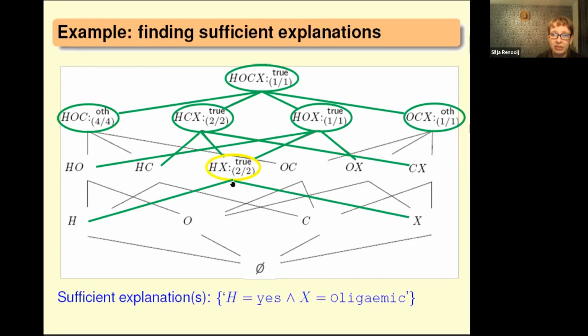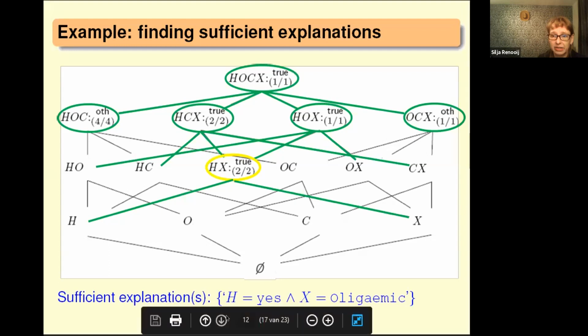And then in this case, this is the smallest one I find that still results in the same output I had originally. And that means that here I have a sufficient explanation. So these were the original observed value of h, and the original observed value of x. And that is a sufficient explanation, in this case the only one I find.